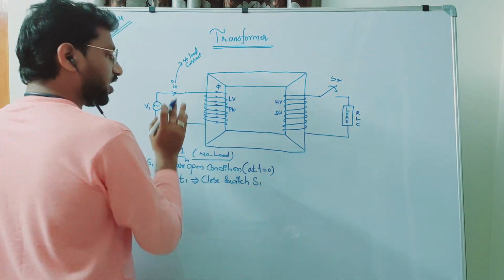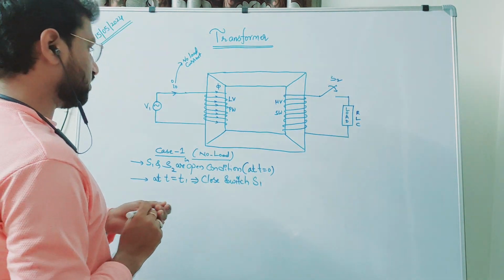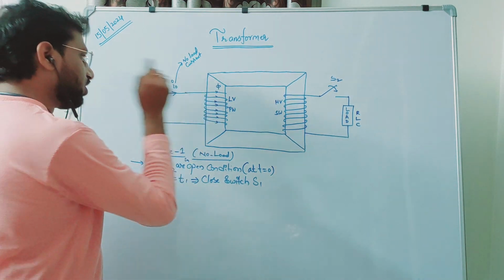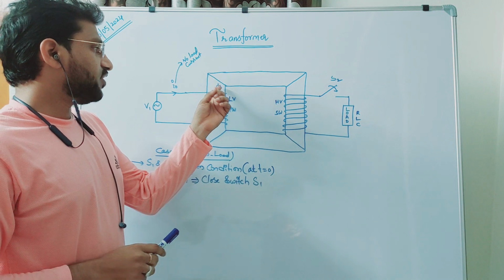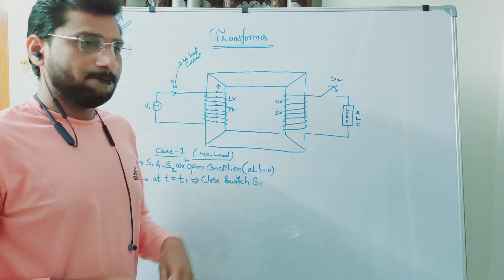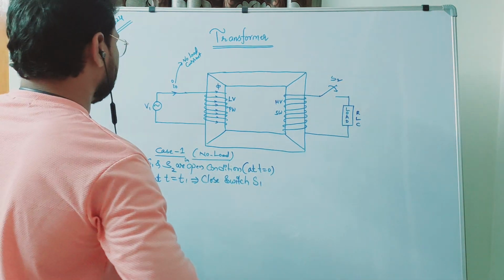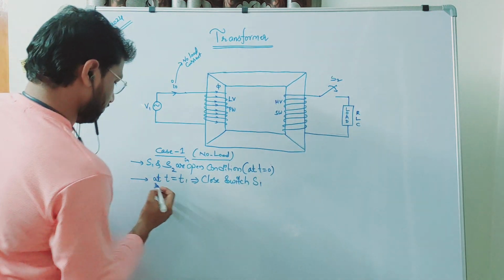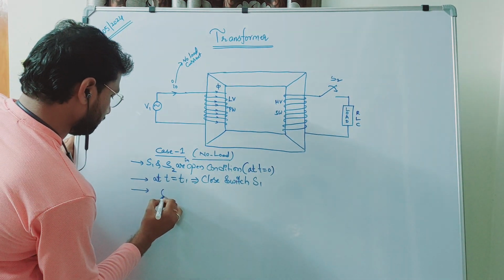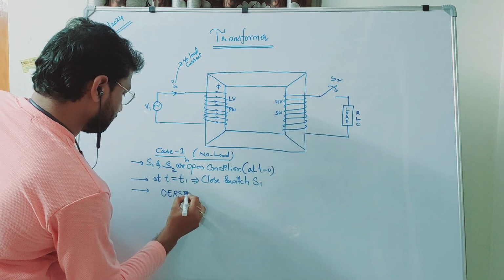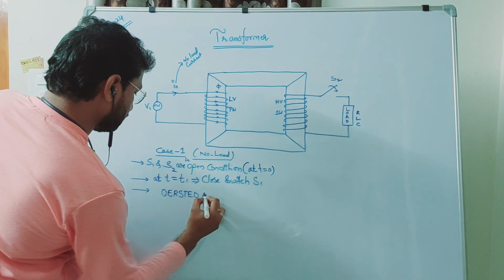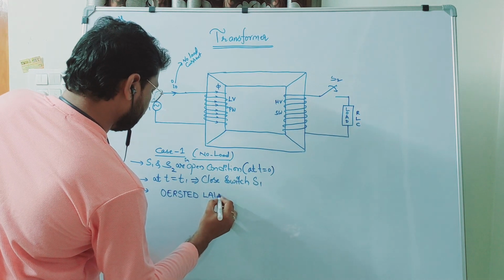Now there are two laws going to work in this concept. The production of the flux is one law. What is that law? It is Oersted's law.